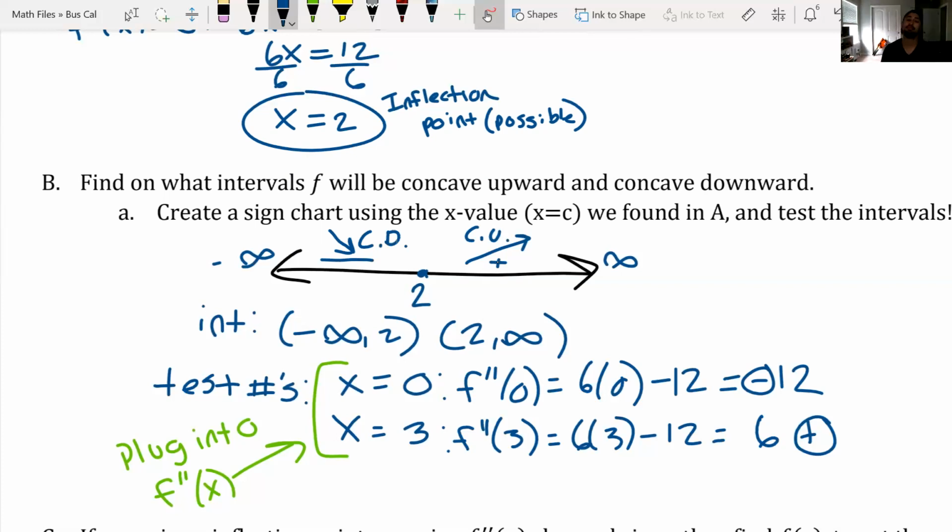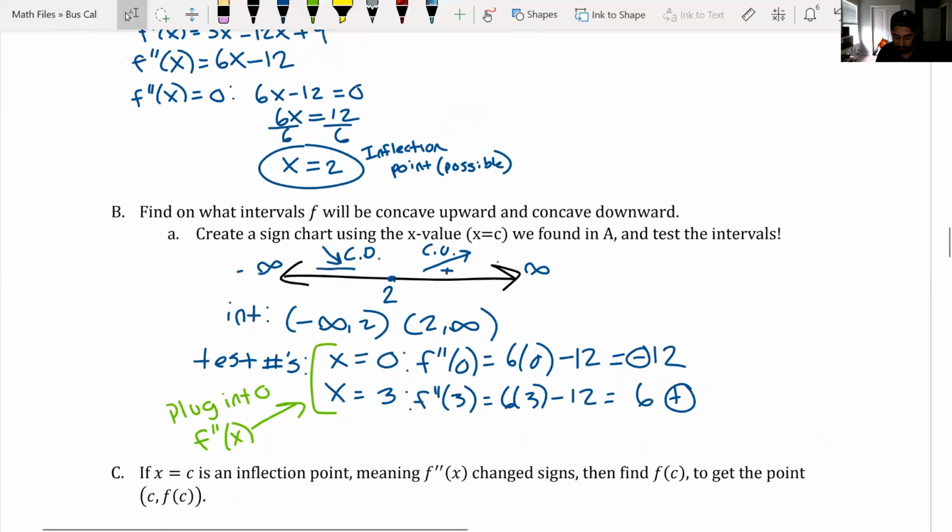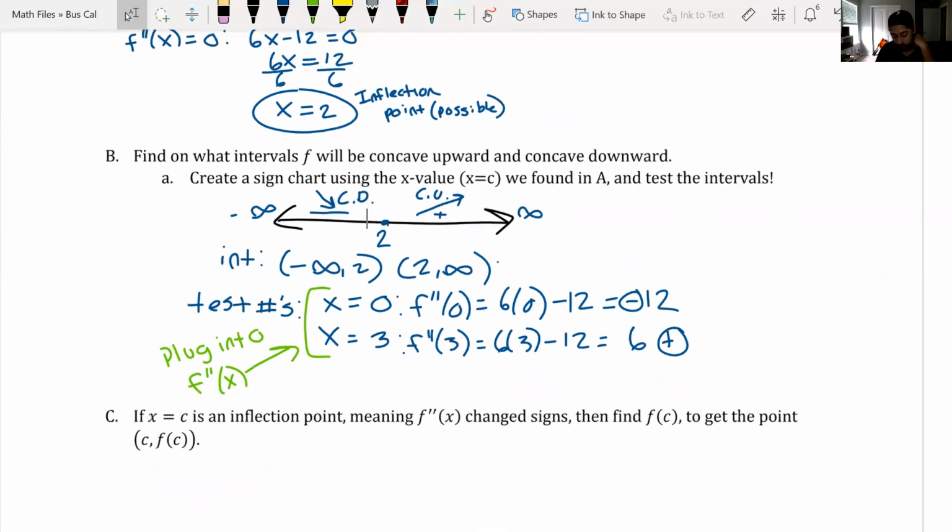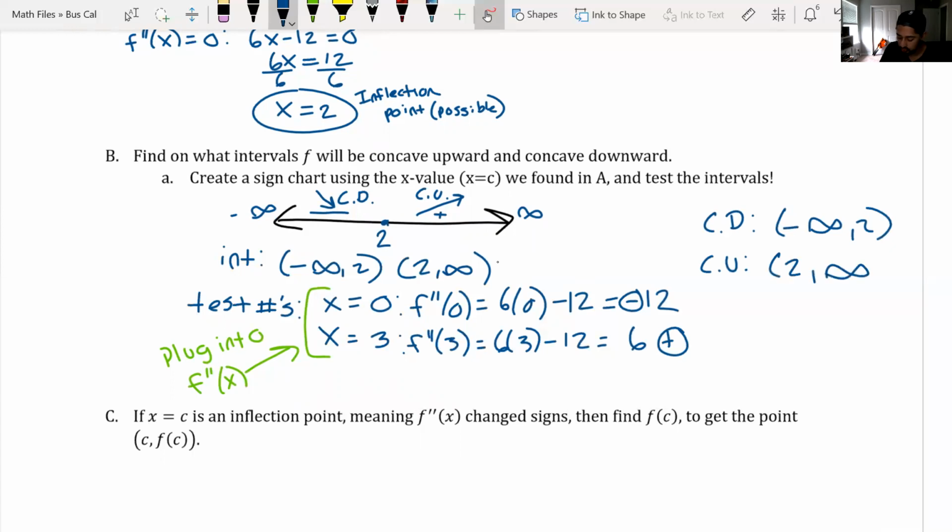Hopefully you caught that mistake. Okay, there it is. I'll state those intervals just to say it. We are concave down on negative infinity to 2, and we are concave up on 2 to infinity.